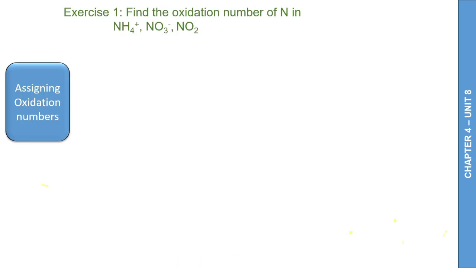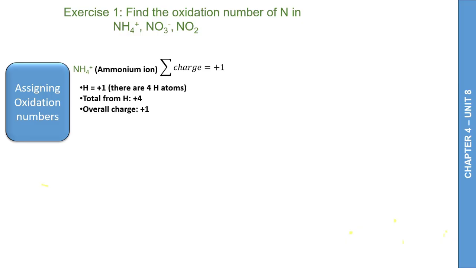We have some ions, ammonium, nitrite. Let's start with the ammonium ion. We have the charge. Remember, when you have a charge, the sum of the oxidation numbers must be equal to the charge. In this case, +1. Hydrogen, we know, is +1. There are 4 hydrogens, so the total is +4.